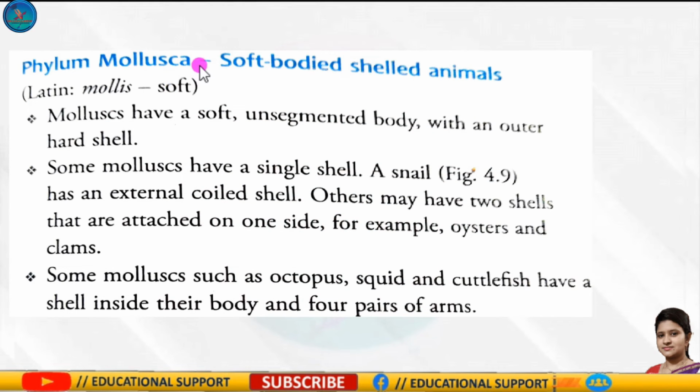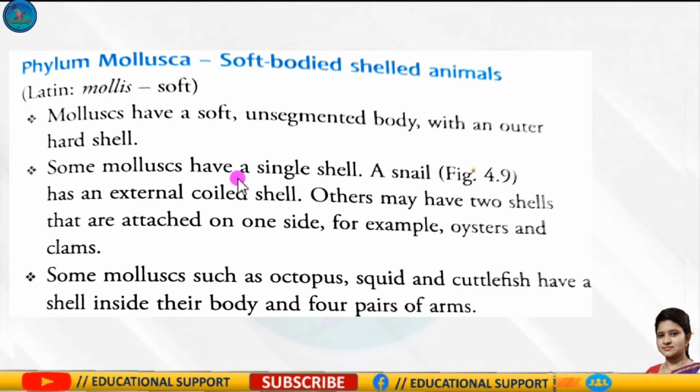Next is phylum Mollusca, soft-bodied animals. This is a Latin word. Mollis means soft. So molluscs have a soft, unsegmented body with an outer hard shell. You have to remember that unsegmented body.